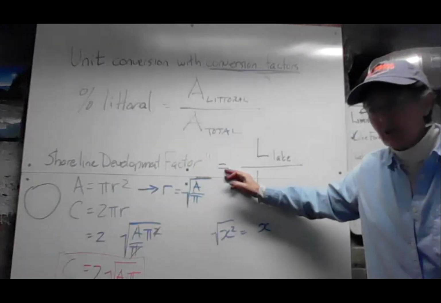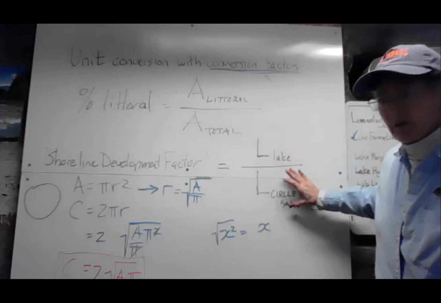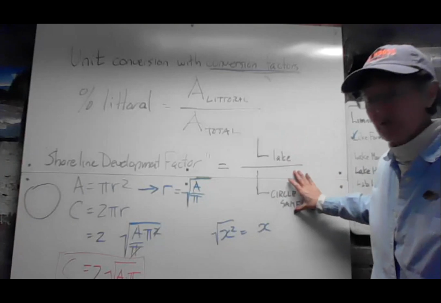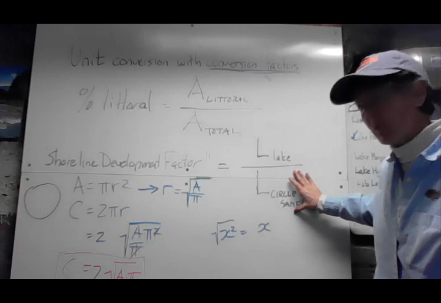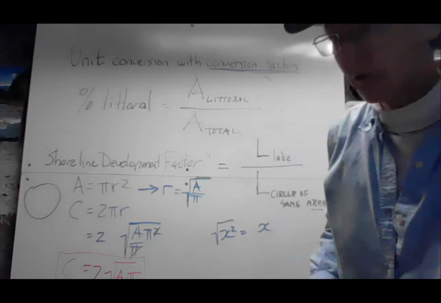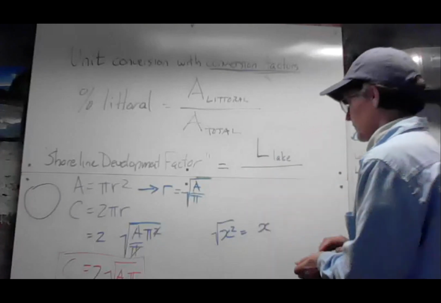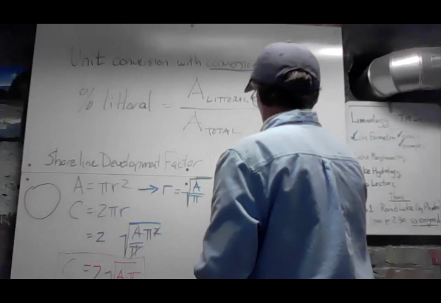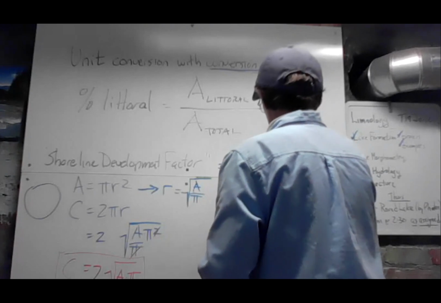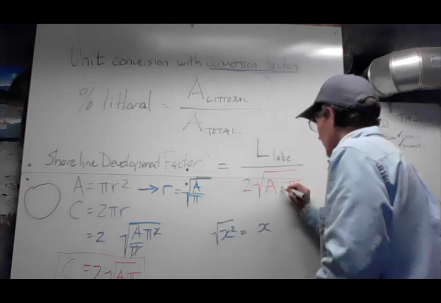So the shoreline development factor is the length of the shoreline divided by the shortest possible length, the circumference of a circle that has the same area as that lake. In other words, 2 times the square root of area times pi.